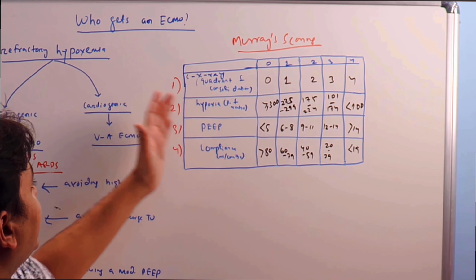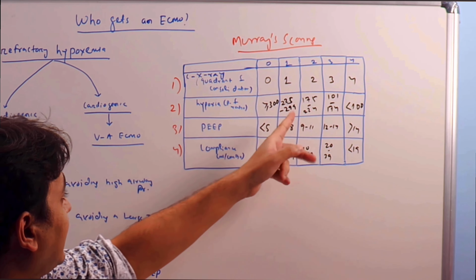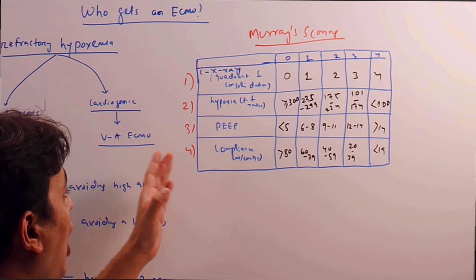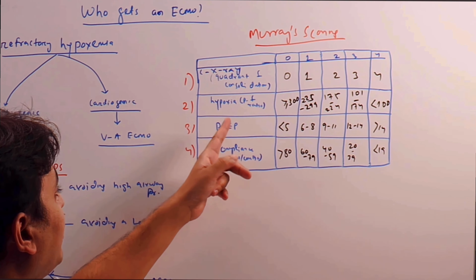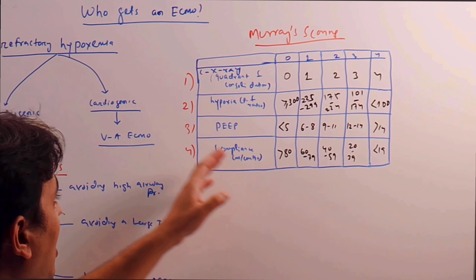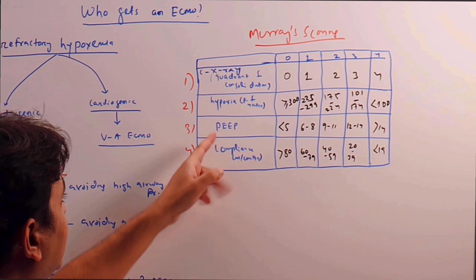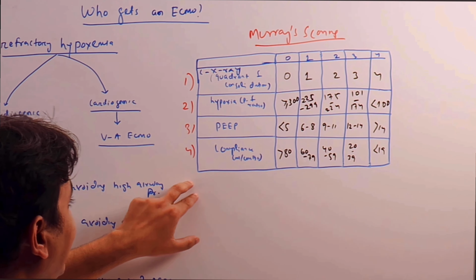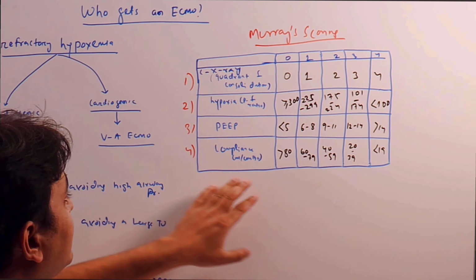Hypoxia, which is measured as PF ratio; depending upon the PF ratio mentioned here, the patient will get a point. Depending upon how much PEEP you are requiring for your patient to maintain a saturation of more than 90 or PO2 of 60 to 80, one scoring will be given. And compliance, you can calculate from the ventilator using a pause method, and depending upon your compliance, it will be given a number.